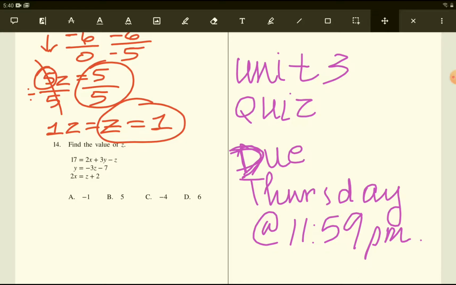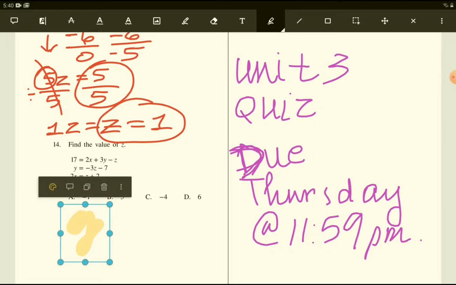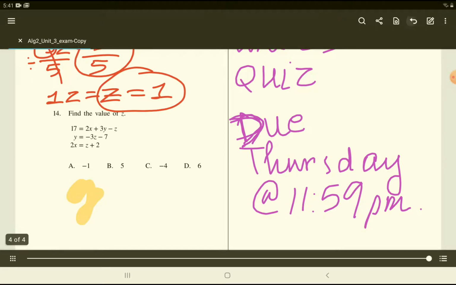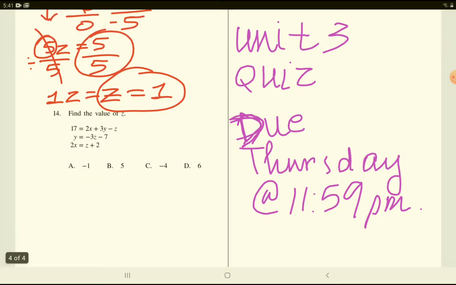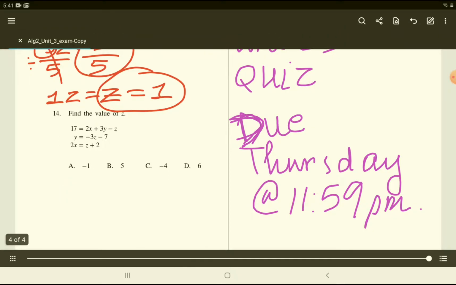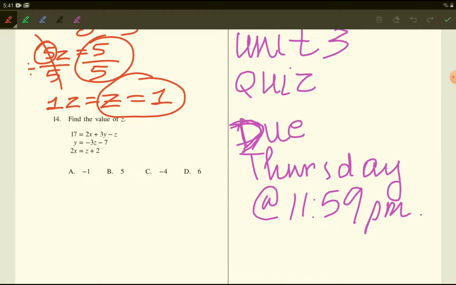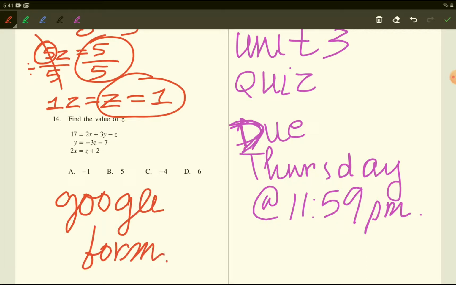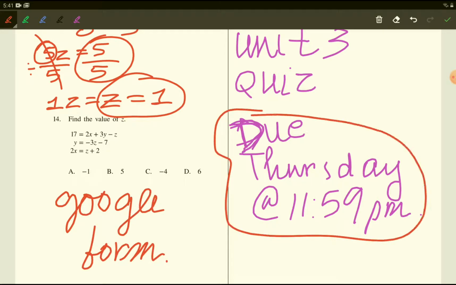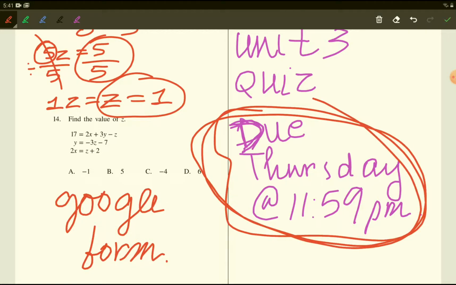That's really it, guys. There's a Google form for it. Make sure to turn in the Google form before it closes. I'm going to close it Thursday at 11:59 p.m.